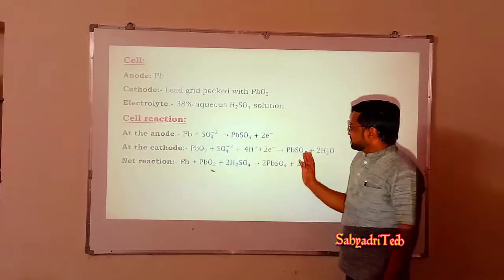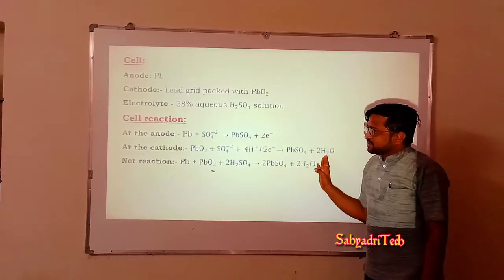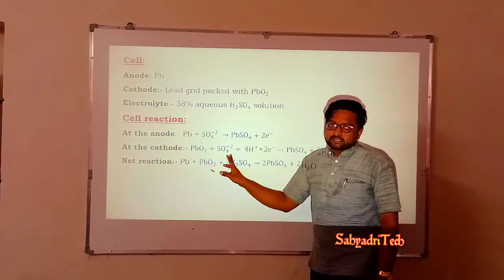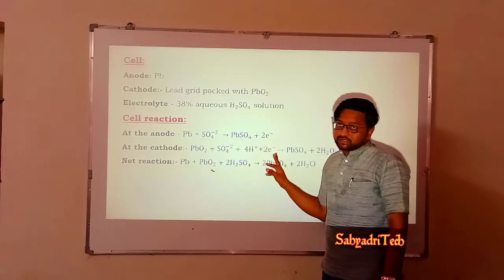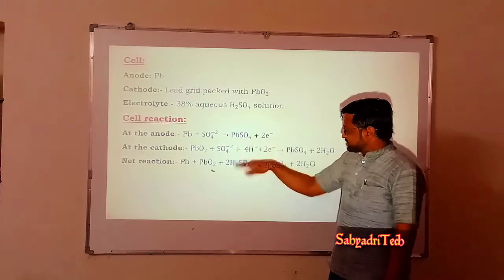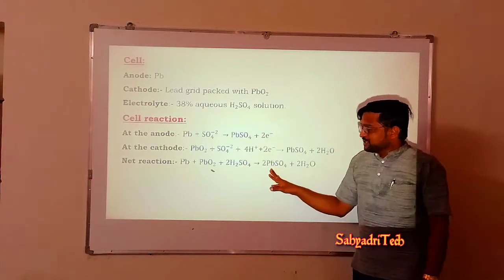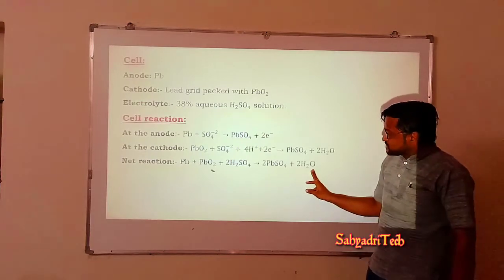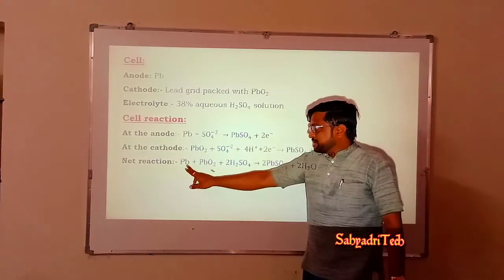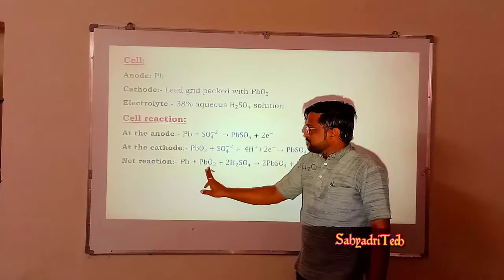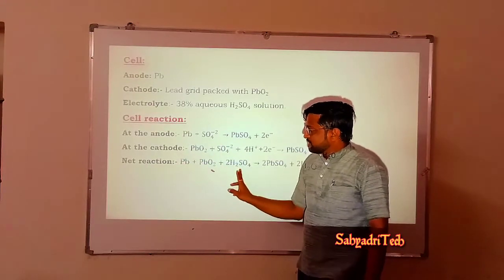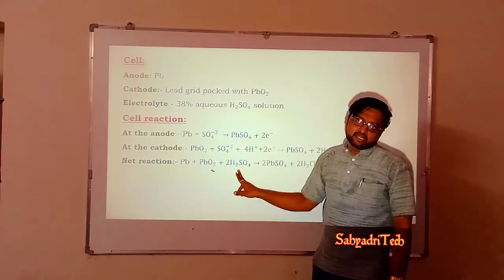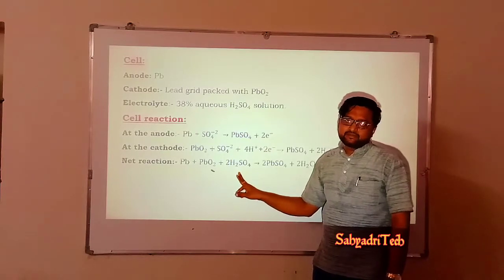At cathode, the lead sulfate combines with water and is converted into PbO2 plus sulfate ions plus 4H plus plus 2 electrons. So reverse of this. What is the net reaction? 2PbSO4 plus 2H2O gives rise to Pb at anode, PbO2 at cathode, and the electrolyte is regenerated to H2SO4.